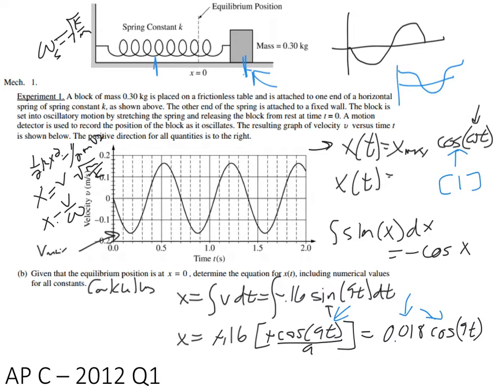The good thing is that this was 2 points, but it all had to be consistent with your previous answer. So if for some reason you said the velocity was a cosine graph, then your position graph should look like a sine graph. All these answers are based off of the previous part.